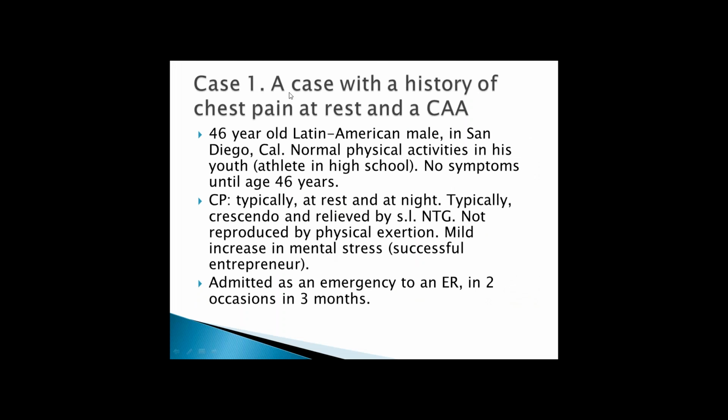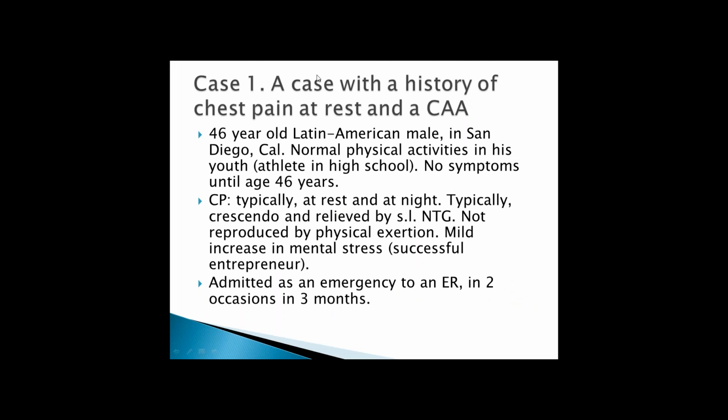So let's see a series of 4 cases in which we show the possible role of spasm to document symptoms or to find a cause for symptoms in patients that manifested with angina, typically at rest.